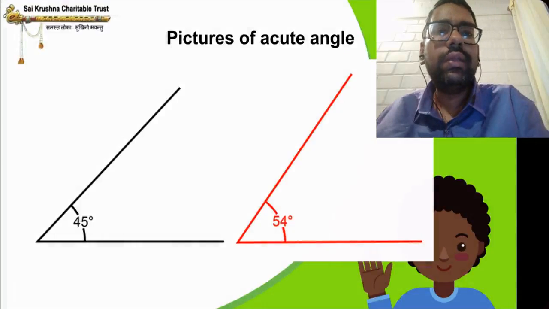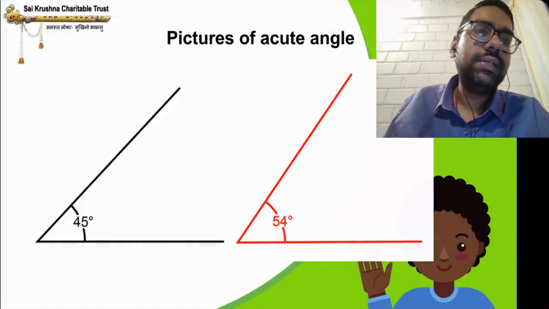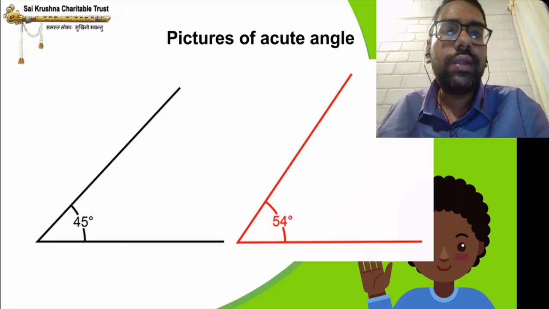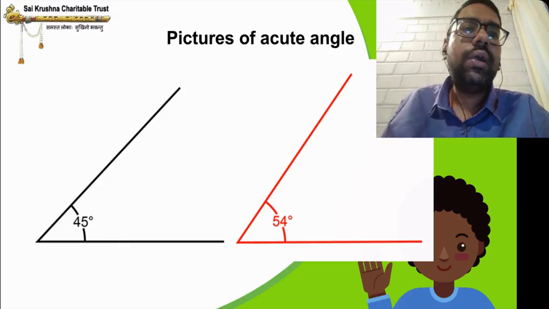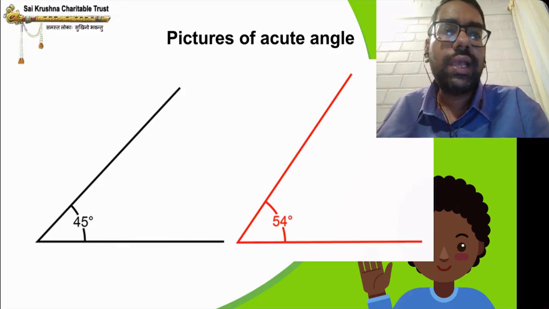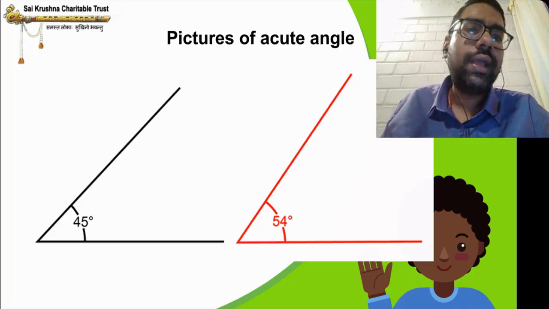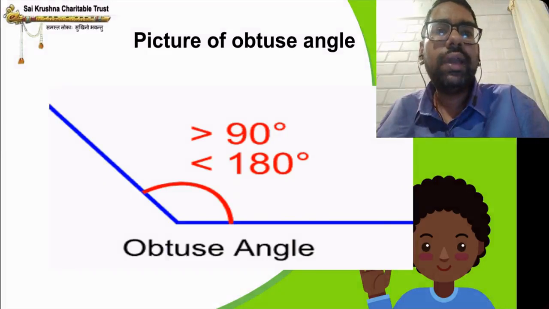See here, I have given pictures of two acute angles. 45 degrees, which angle is it? I told you, when the angle is less than 90 degrees, it is called an acute angle. So 45 degrees will be an acute angle. 54 degrees is less than 90 degrees once again, so this will be an acute angle. Next, an obtuse angle.